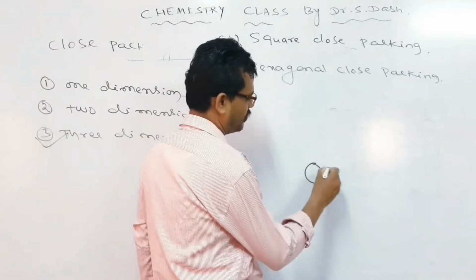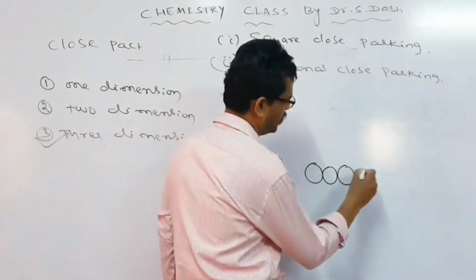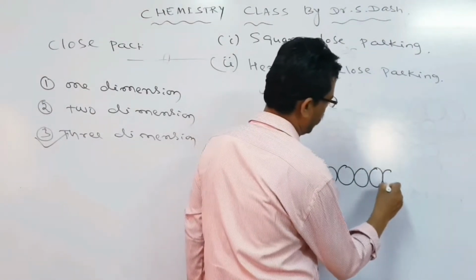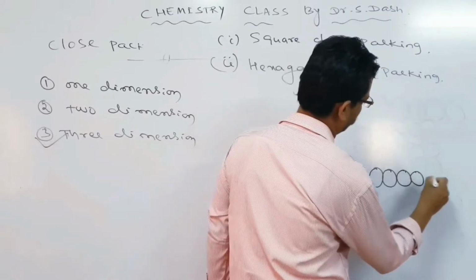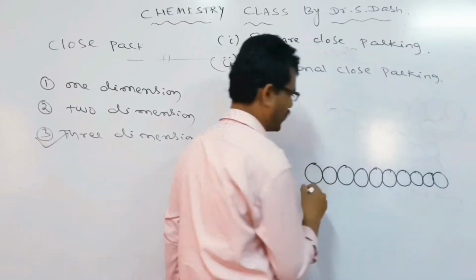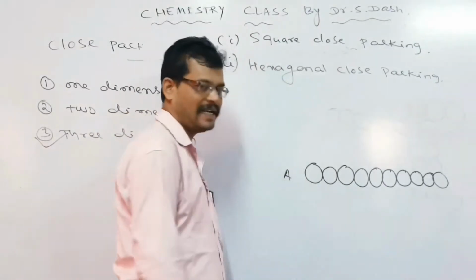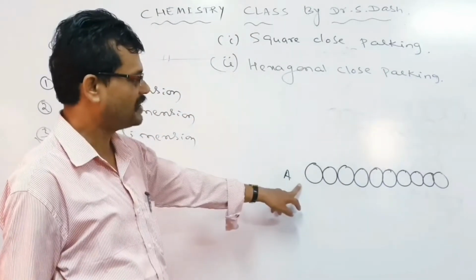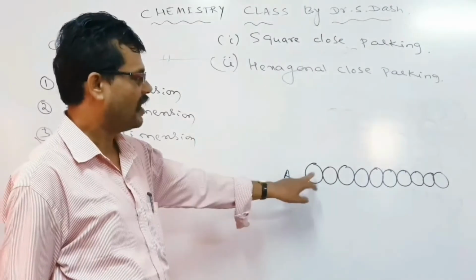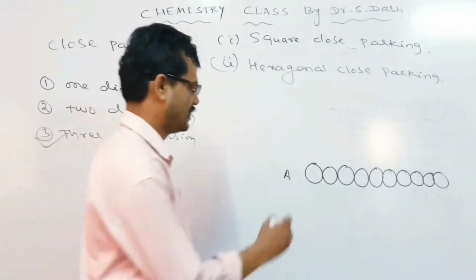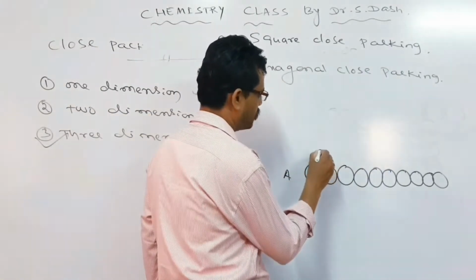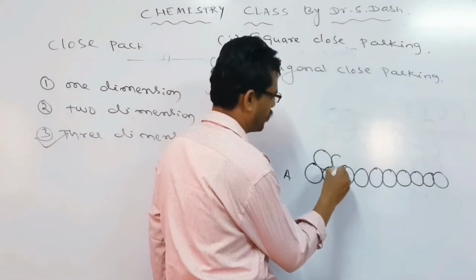Just look at the picture so you can clearly understand. These are the spheres, arranged horizontally. That is the first layer. When the second layer forms, the spheres will be present on the depressions of this first layer. The spheres will come at this place.